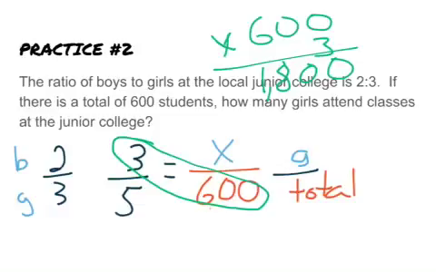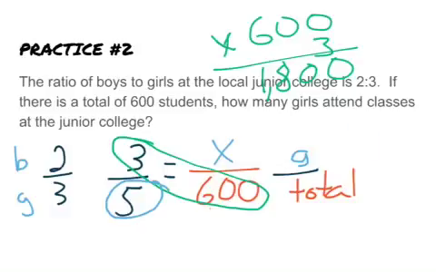And then we're going to divide by the number that's with the variable. So we're going to cross multiply and divide. So once we get our 1,800, now we need to divide 1,800 by 5.